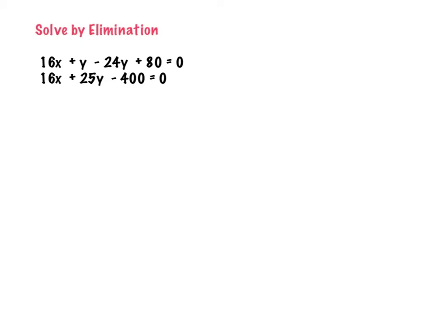Lastly, let's look at an elimination. I'm trying to keep this video short, so I'm just going to give you one of each example, graphing, substitution, and elimination, and then in class tomorrow you will go ahead and do your practice. So I need to eliminate every x term or every y term.